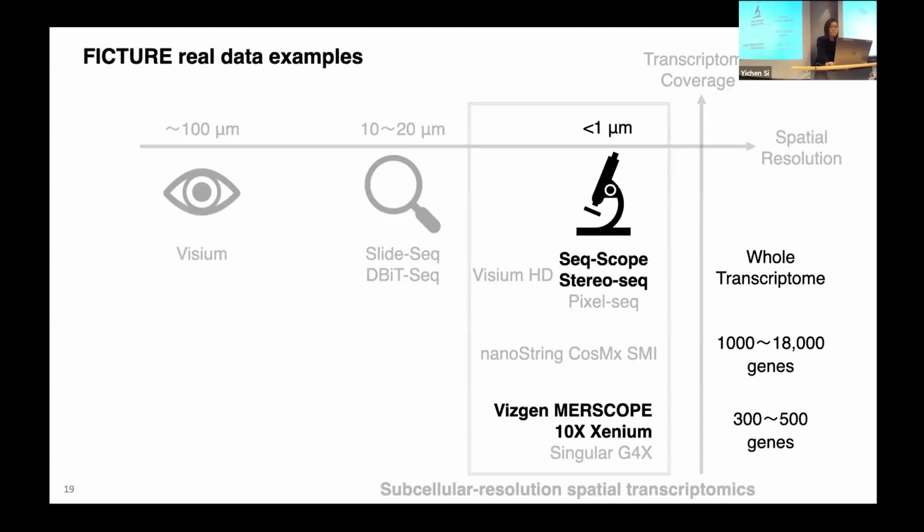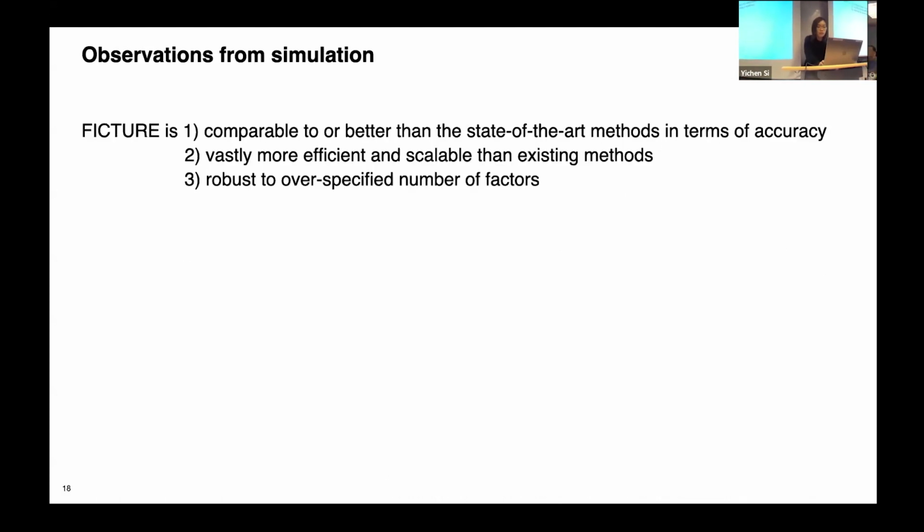Yichen, we've got a question online. Okay, yep. So, Chen asked, if cell segmentation is available, can it be used as prior for FICTURE inference? Well, yes, you could try to use that in different ways.